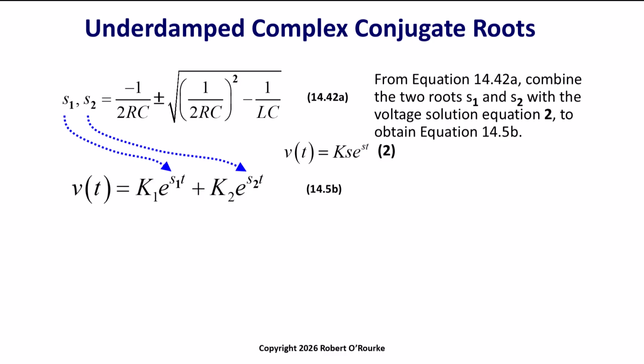S1 corresponds to the positive version of the plus or minus sign. S2 is minus. The blue dotted arrows show how the roots from equation 14.42a get inserted into the proposed voltage solution general form equation 14.5b, which applies to all the damping response cases.